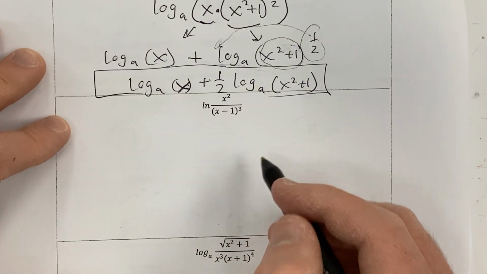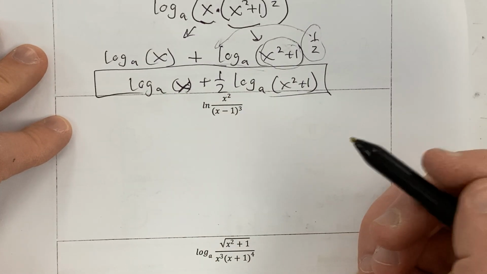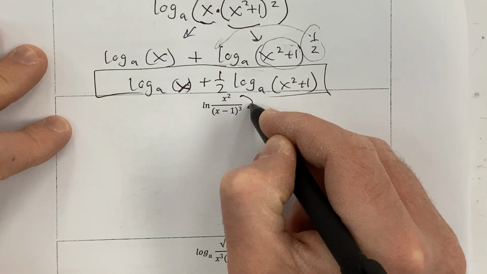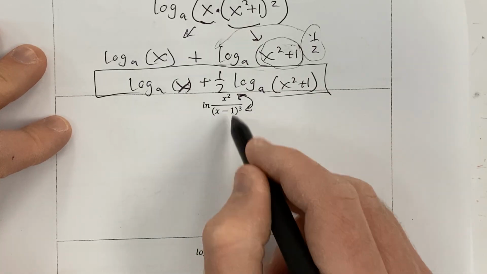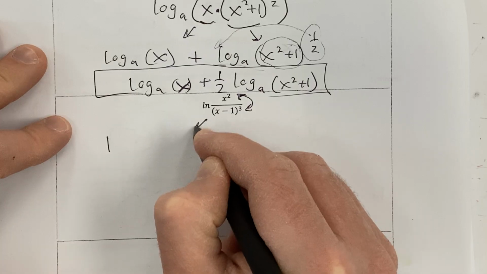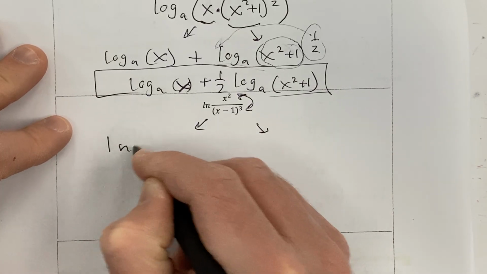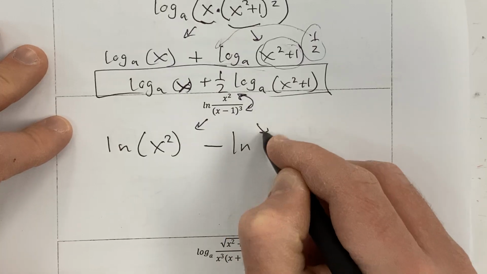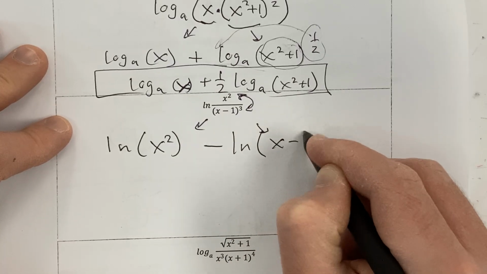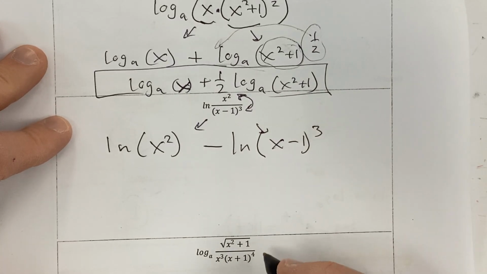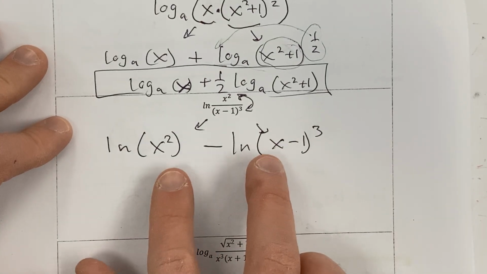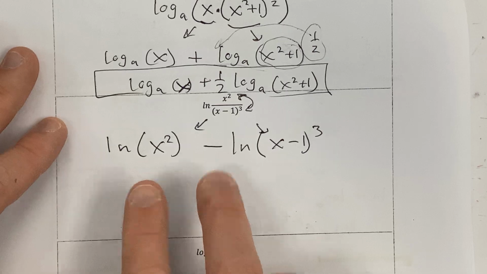For this one, it's ln, so it's natural log, but it still works. The rule still holds because any base works. It's a quotient, so we're going to do the one that's a subtraction. I'll just write this right away, actually, as ln of x squared minus ln of x minus 1 cubed. Once again, that's using the quotient to difference rule.